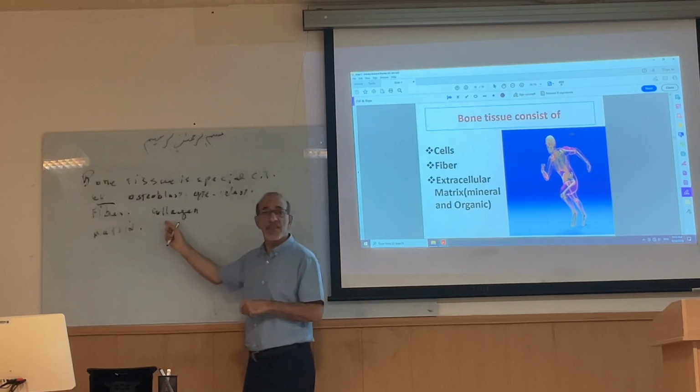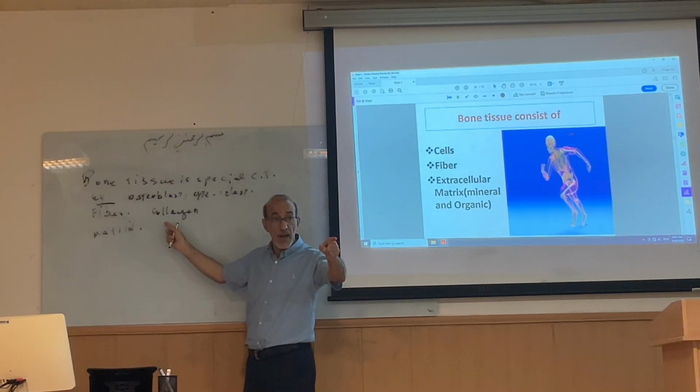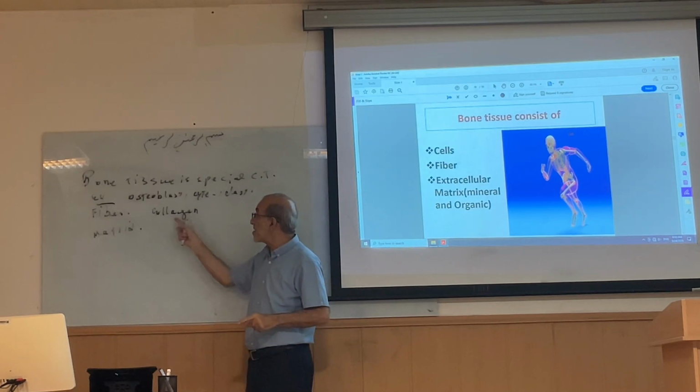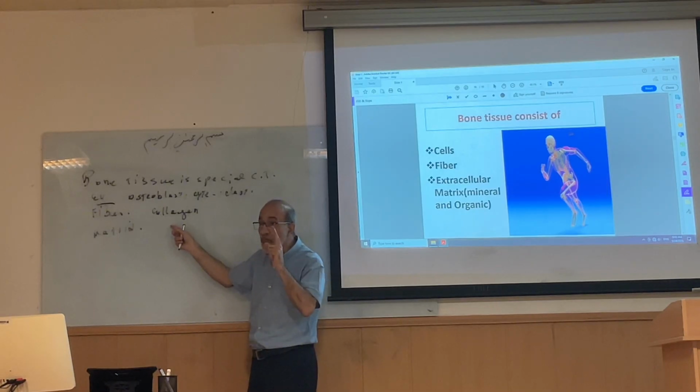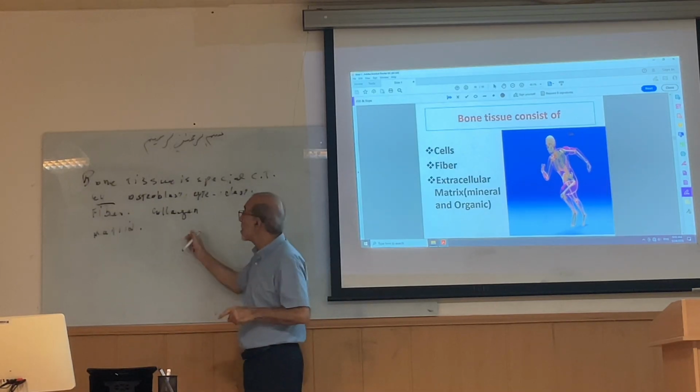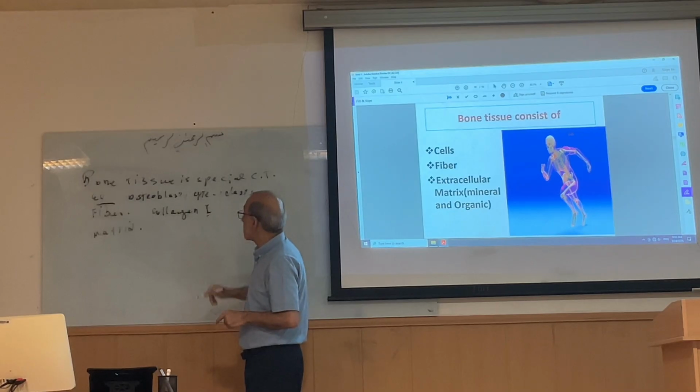What does this type of collagen mean? Type 1. If you don't see a criterion in front of the collagen, it is type 1.